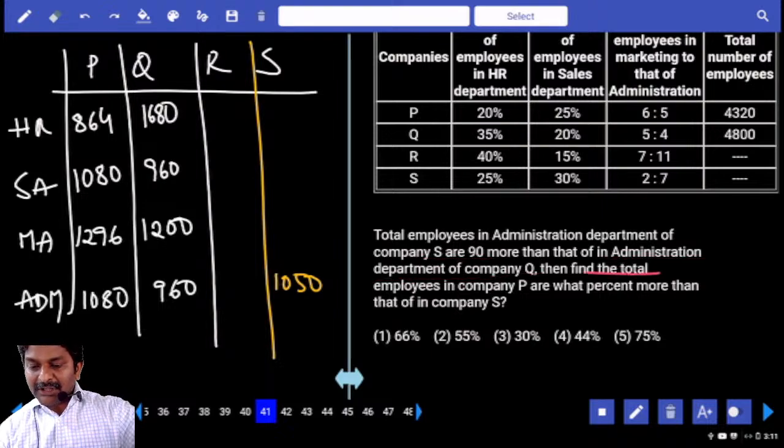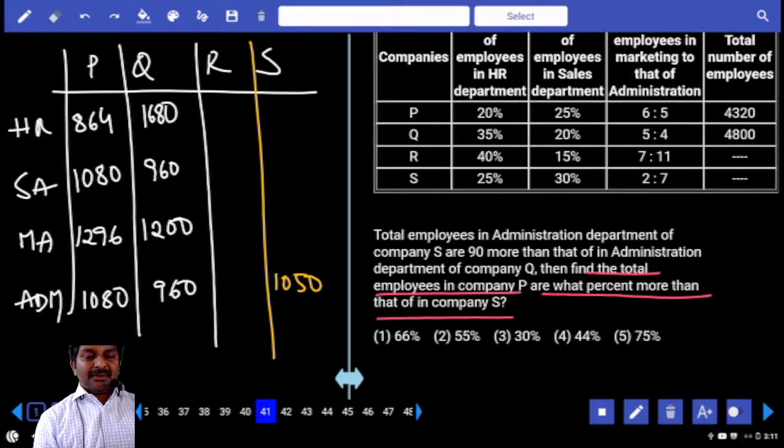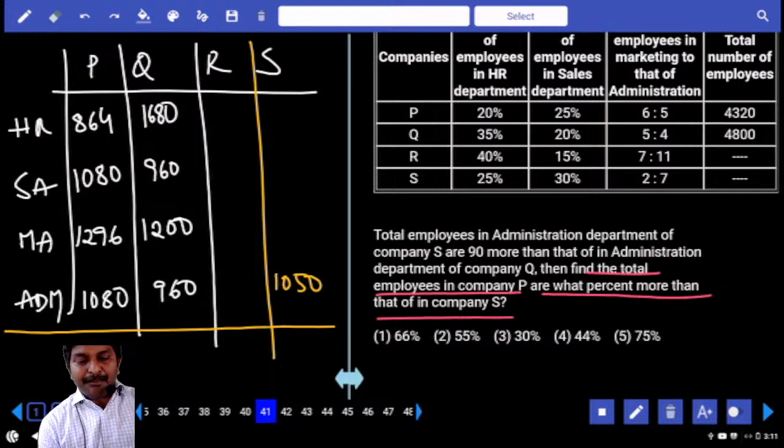Then find the total employees in company P is what percent more than that of company S. Total employees in company P is 4320. In company S, we already have 25, 30, 55%. Remaining 45% is divided into a 2:7 ratio.